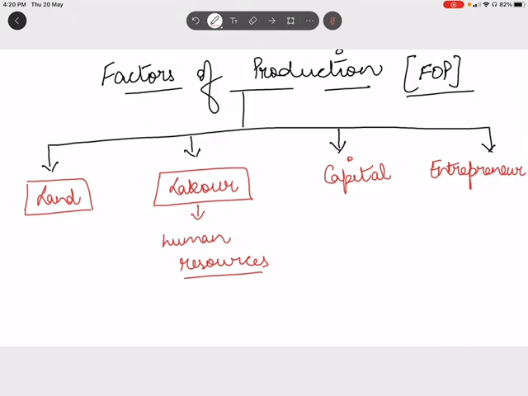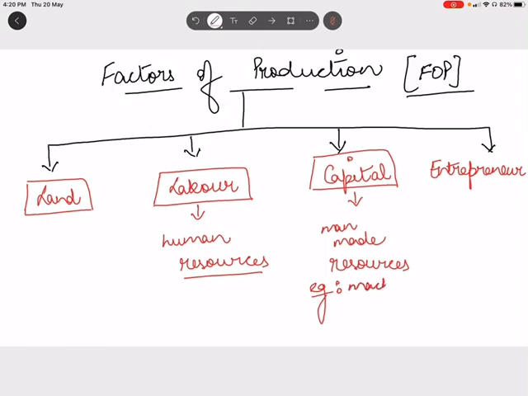Third factor of production which arises is capital. Capital includes all man-made resources. For example, machinery, like I have mentioned in my example that in order to produce water bottles, I need to have machinery which will help me in molding those water bottles. So capital includes all those man-made resources without which the production process won't be able to complete.